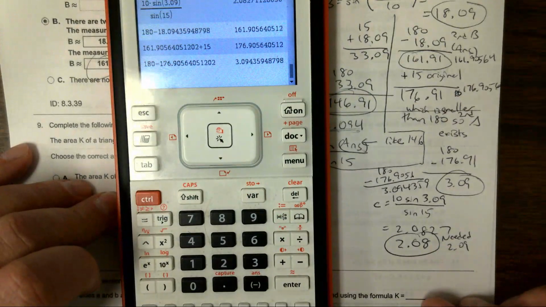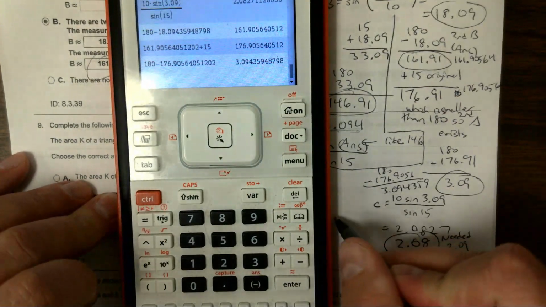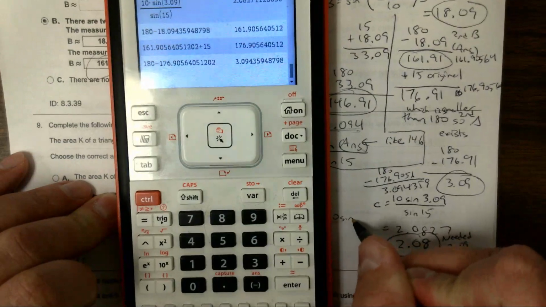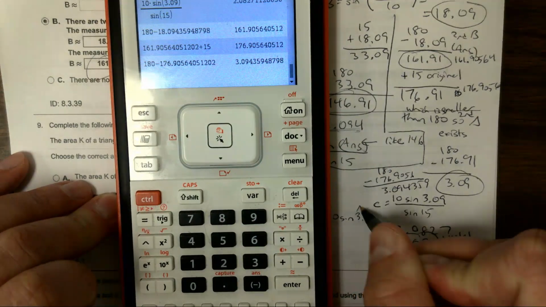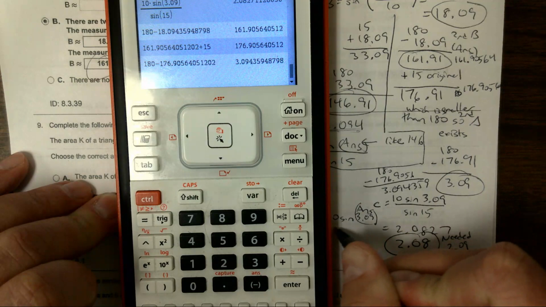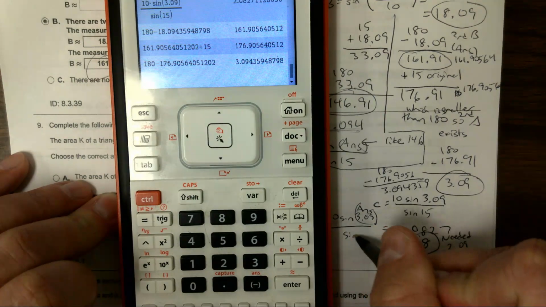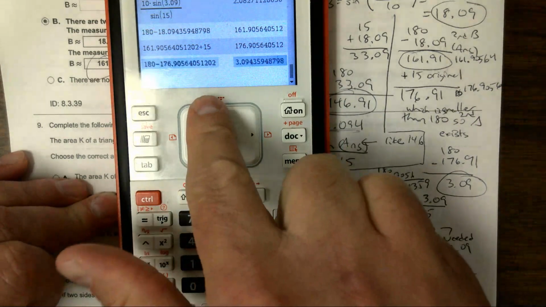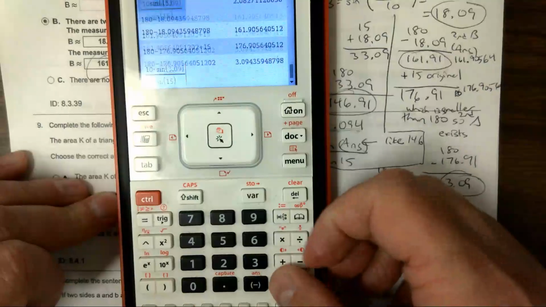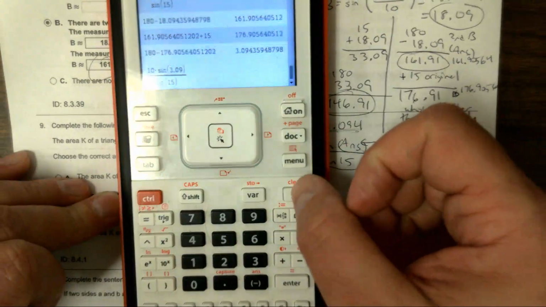And then we put that here, 10 sine 3.09 ans, that one, over sine 15. You really have to backtrack a bit.